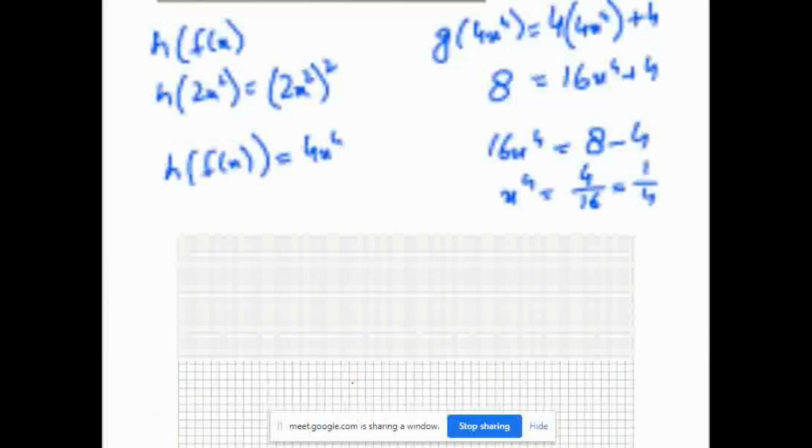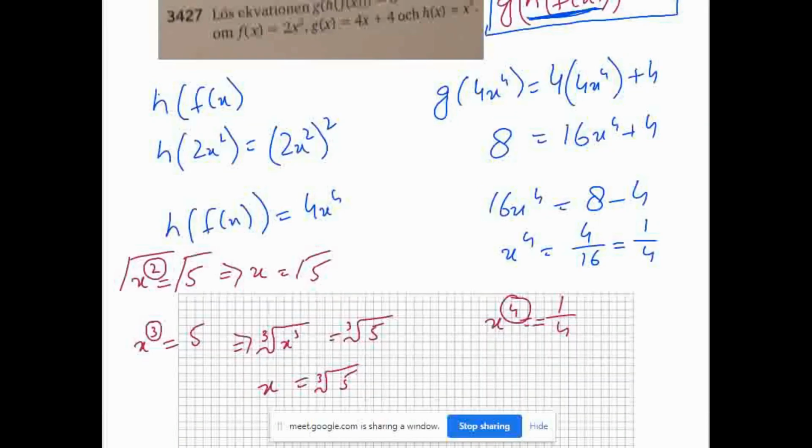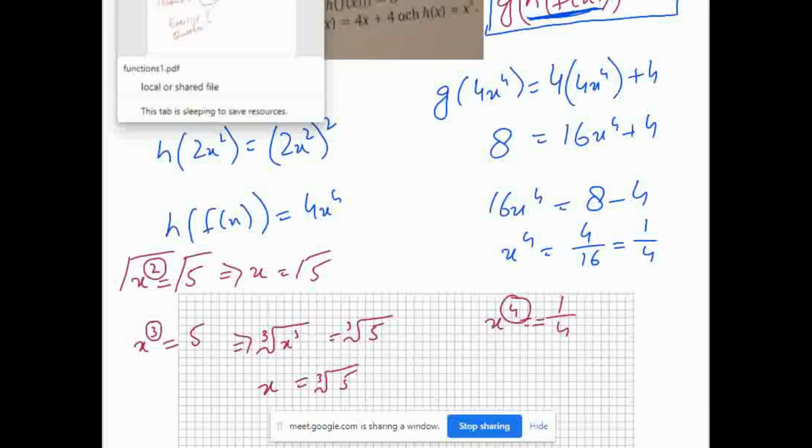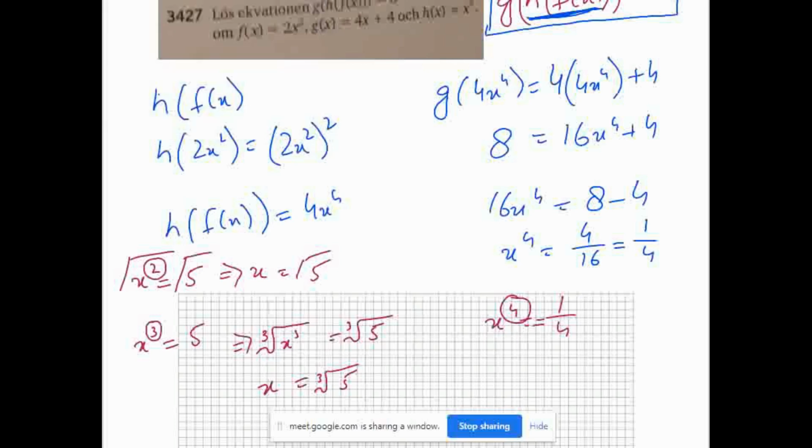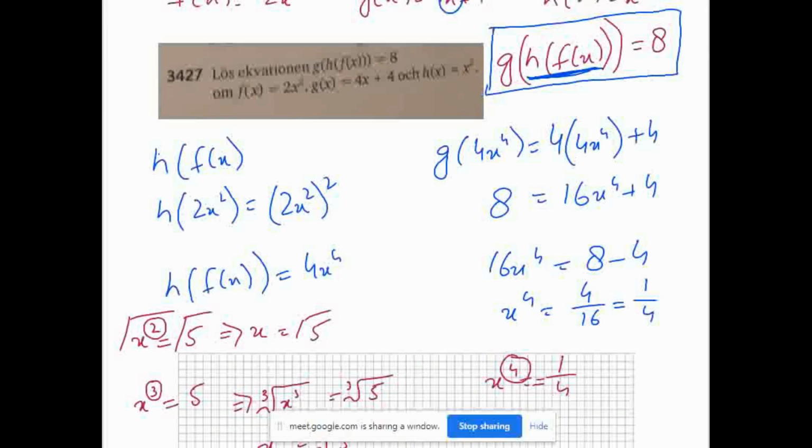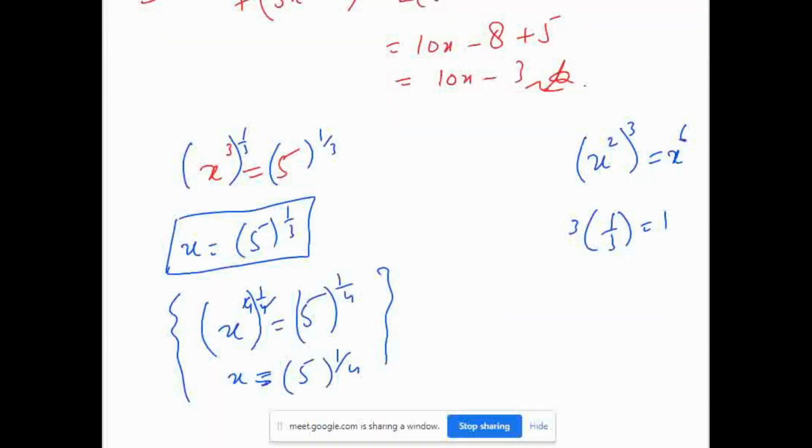You have to use the cube root or fourth root, and here you can see that x^4 is equals to 1 by 4. So what will be the answer then?